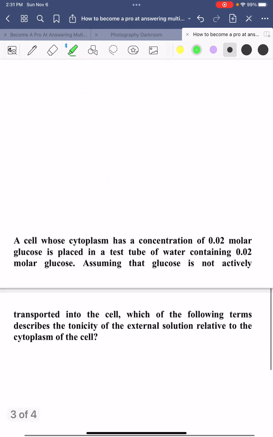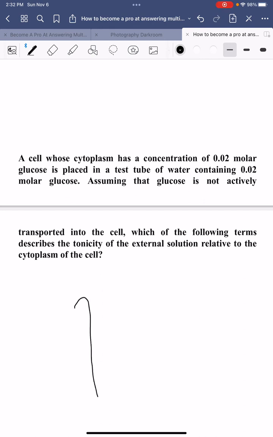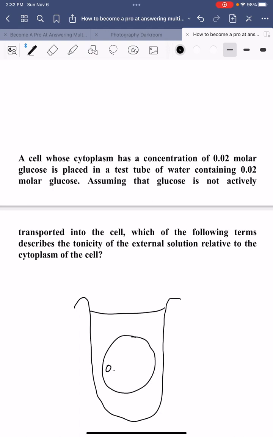Okay, let's do one more example before I give you another kind of strategy you may also think to use. Let's read this one together. It says here, a cell whose cytoplasm has a concentration of 0.02 molar glucose is placed in a test tube of water. So I would go along and just draw it, right? You're putting the cell in a test tube with water, and it says that the cell has a 0.02 molar glucose concentration in there.